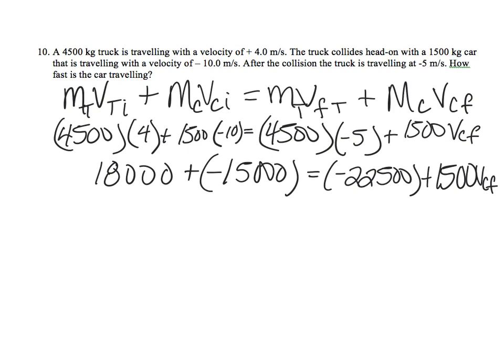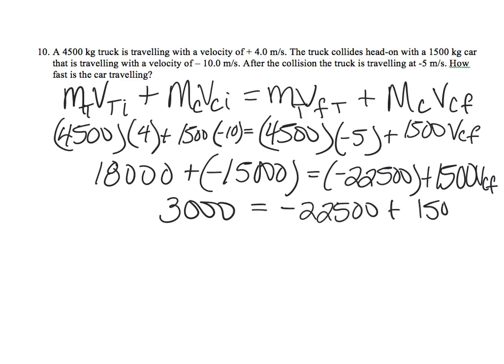So now we can continue to simplify that down, add the 18,000 and the negative 15,000 together. That gives us 3,000. And then we leave the right side alone because we do not add those two numbers together. That is incorrect math, right? So then we can add 22,500 to both sides.